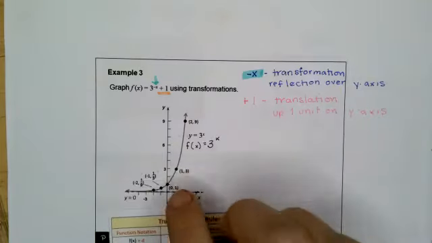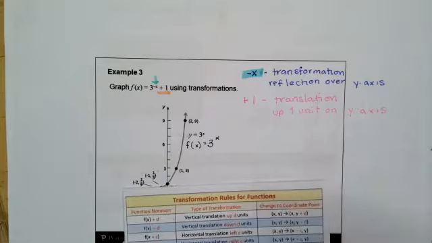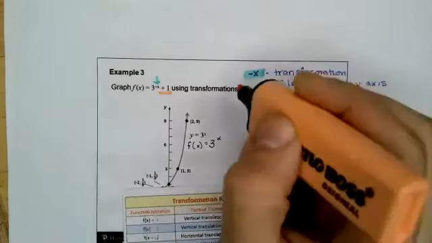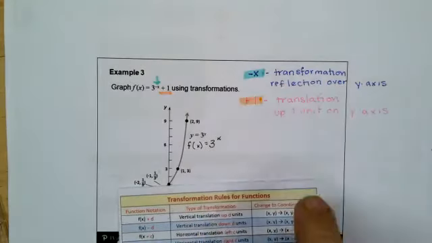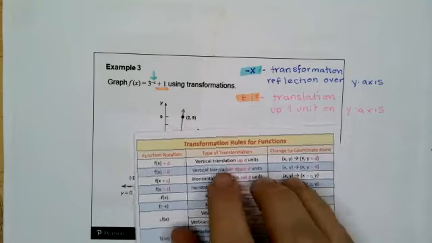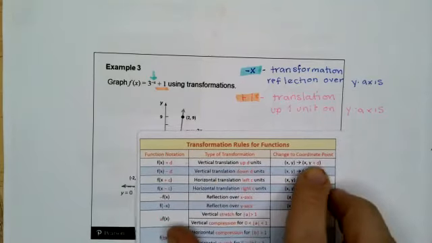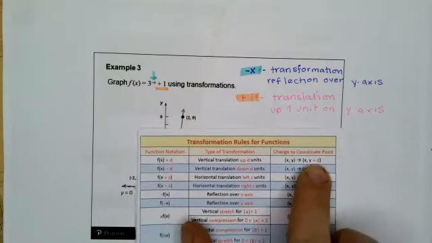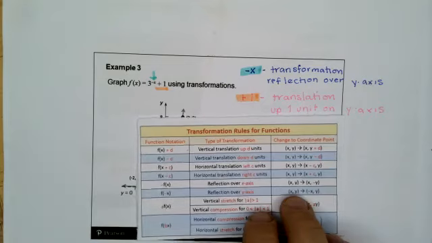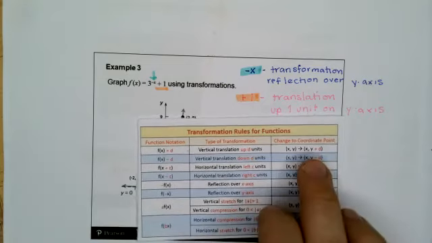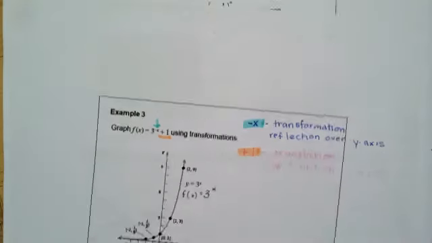Good. So that one means every y now becomes y +1, right? So down here, every x becomes a negative x and every y becomes a y +1.